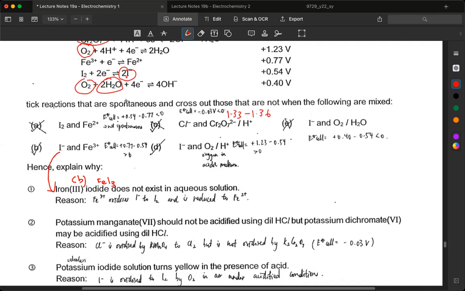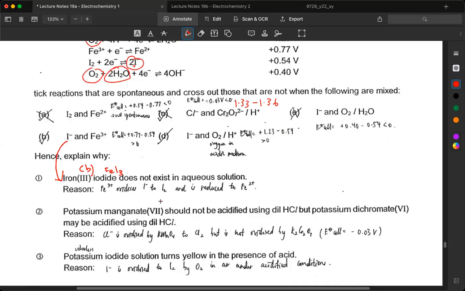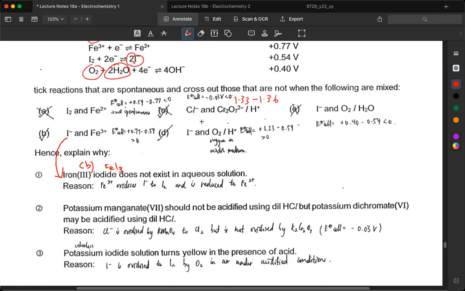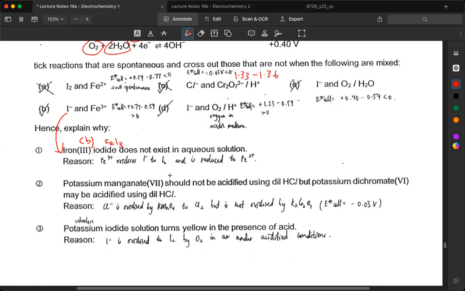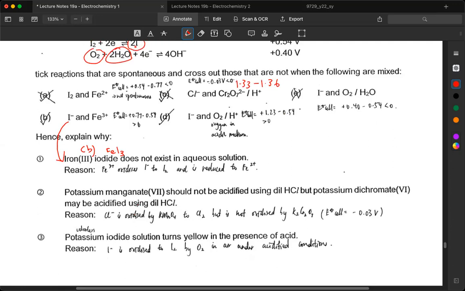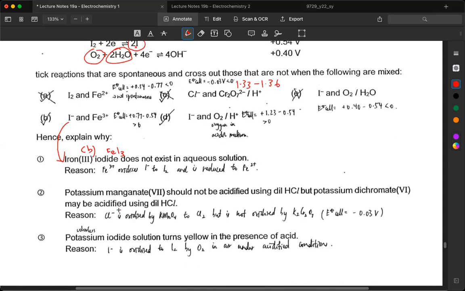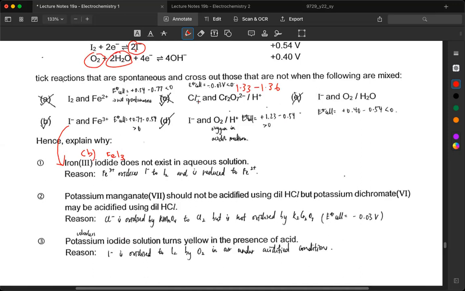As for the potassium manganate, it should not be acidified. This one I already explained just now, using the earlier example. But potassium dichromate may be acidified because the Cl minus cannot react with this one.